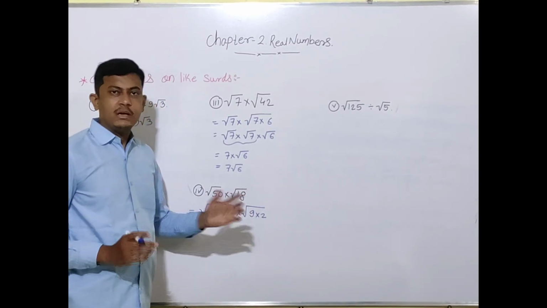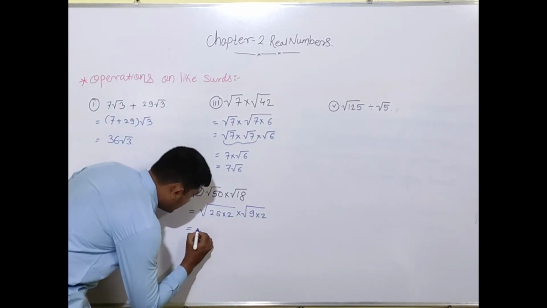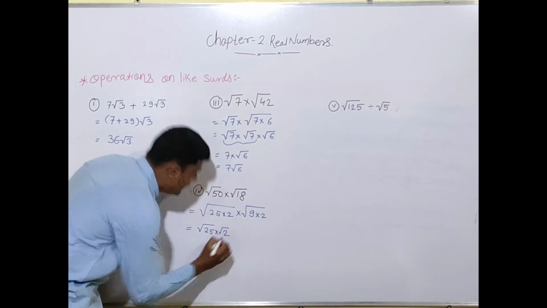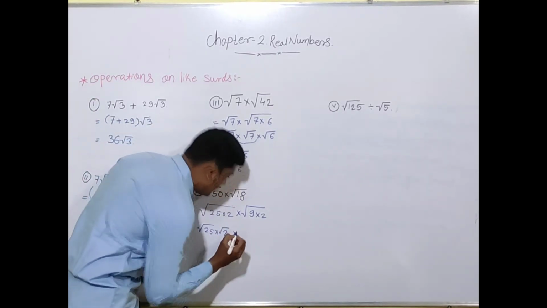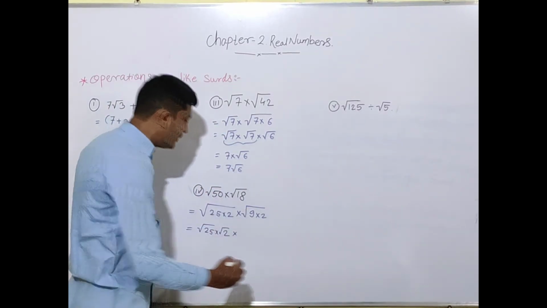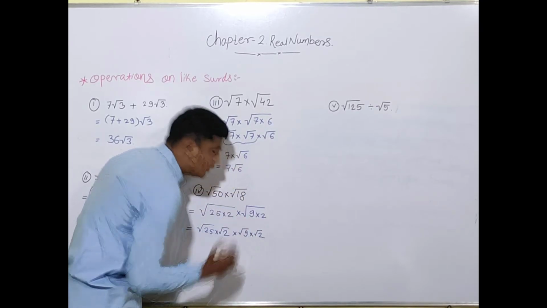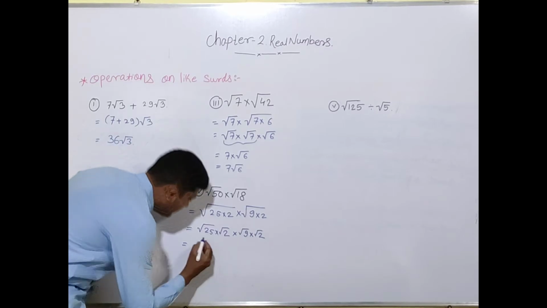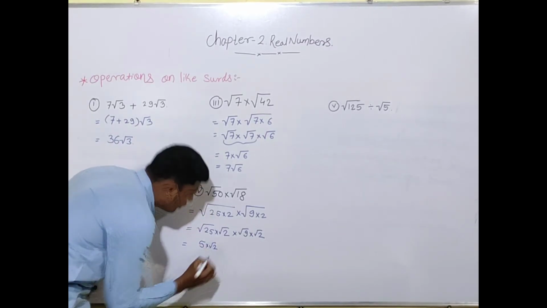So the simplification becomes simple or easiest. So root of 25 into root of 2. Again, root of 9 into 2 can be given as root of 9 into root of 2. Now root of 25 is what? Simply 5 into root of 2.